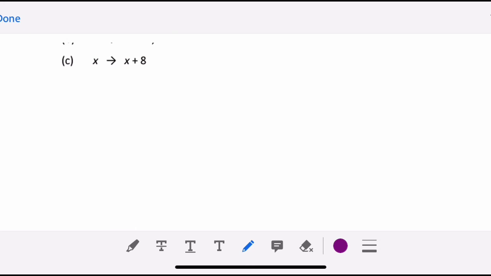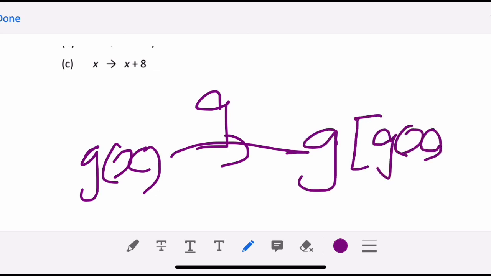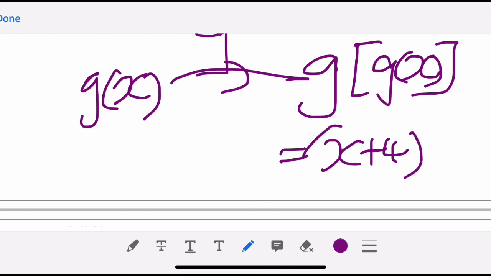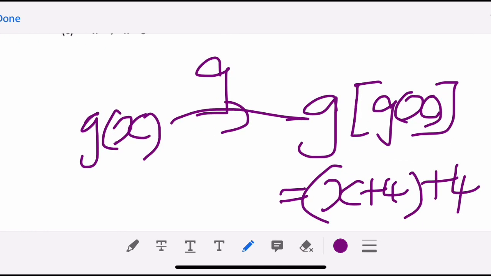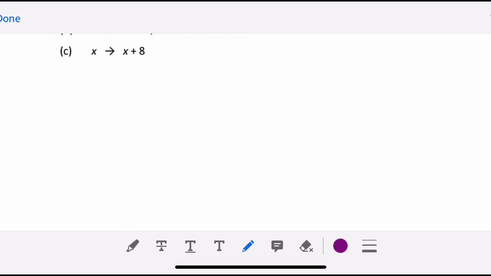Got it? So this is g(x), and then the function g will bring the g(x), you always write like this, g(x), right? Okay, so this is actually x plus 4, and then this is plus 4 again, because g(x) is x plus 4. So you will get x plus 8, meaning that your object is here.